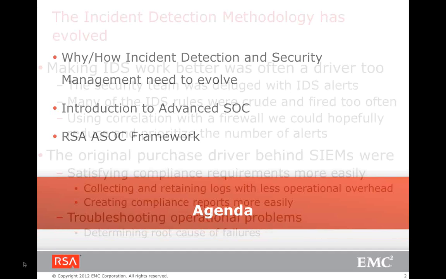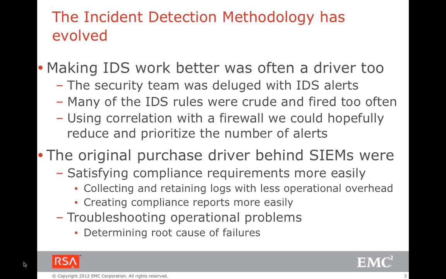And once the IDS alert popped up, we actually had to correlate that information with other information from the IT infrastructure to figure out whether it was really an intrusion, or a real alert, or what we really needed to do.